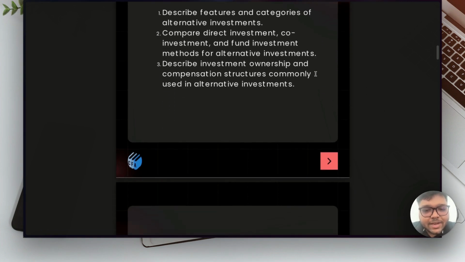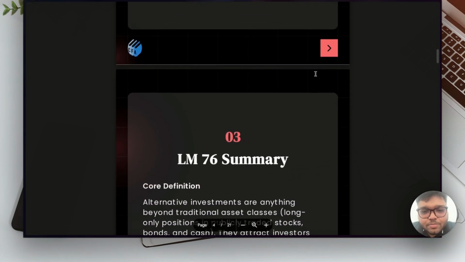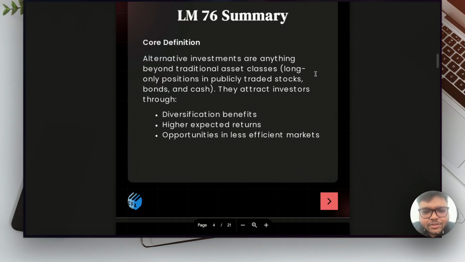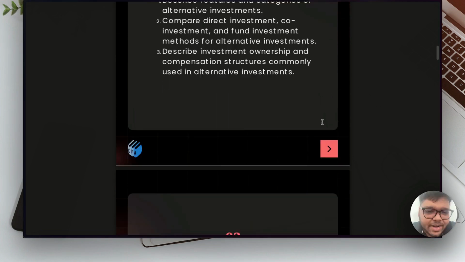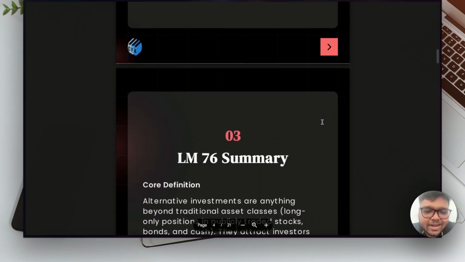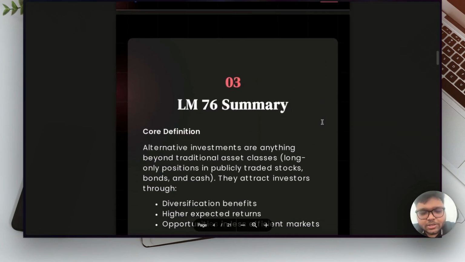You will also have summary available of the learning module before you start. It gives you in a very succinct manner what the author of the module wants you to know. So for example, this is the first learning objective: describe features and categories, compare direct investment, and describe investment. Reading through the summary, you need to actively start updating your knowledge.